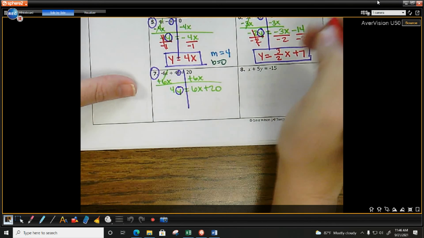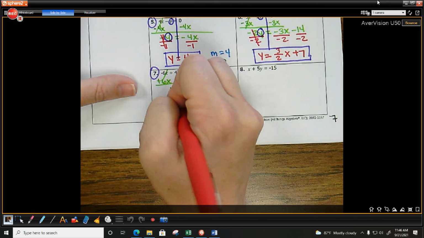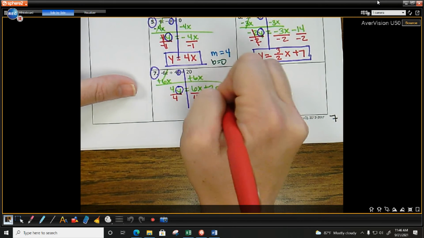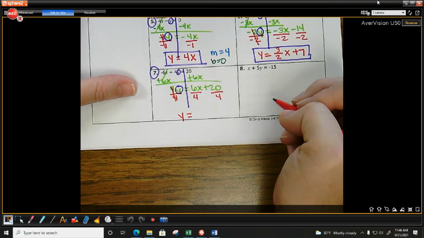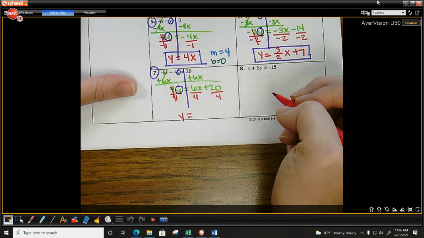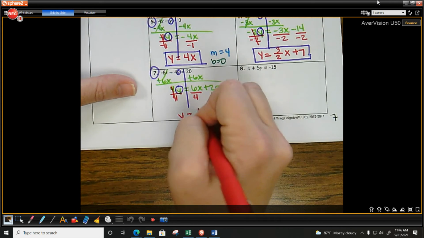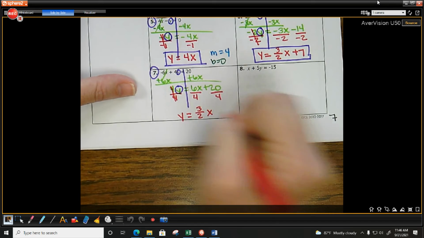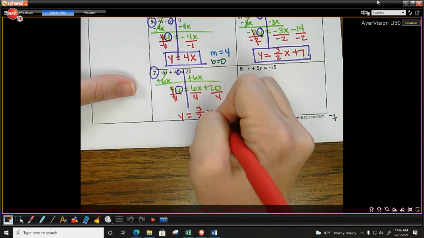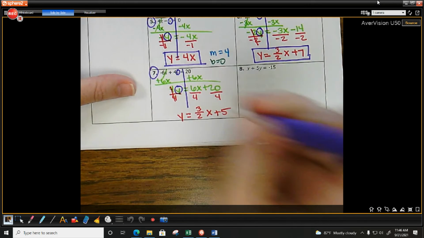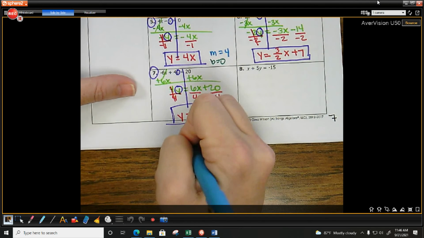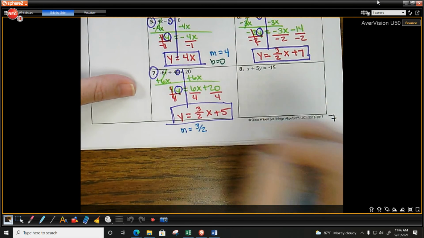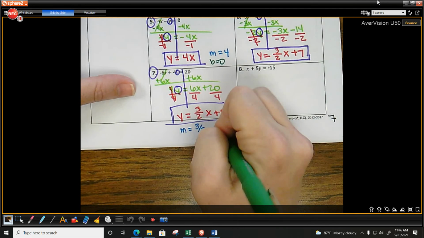And we get y equals 3/2 x. Very good. Plus 5. Very good. So what's my m? And what's my b? Good? How do we feel solving for y?